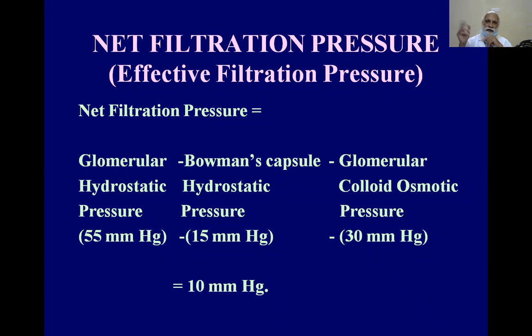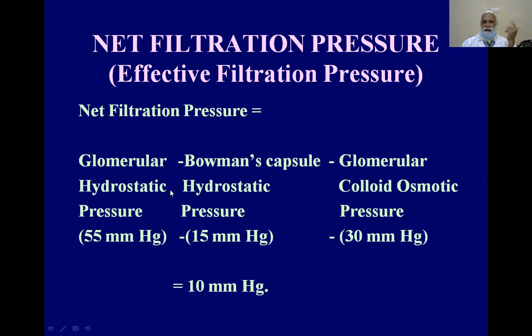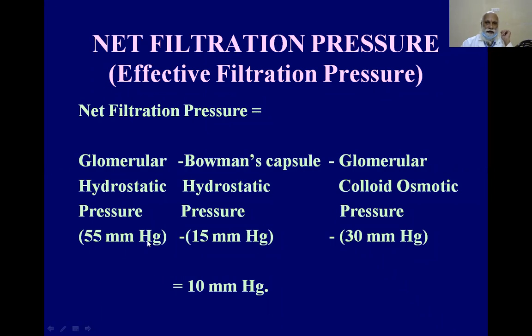When you say Bowman's capsule, you cannot say blood pressure, isn't it? So we use the term hydrostatic pressure in either case because the function will be similar. Glomerular hydrostatic pressure in the glomerular capillaries is about 55 millimeters of mercury.